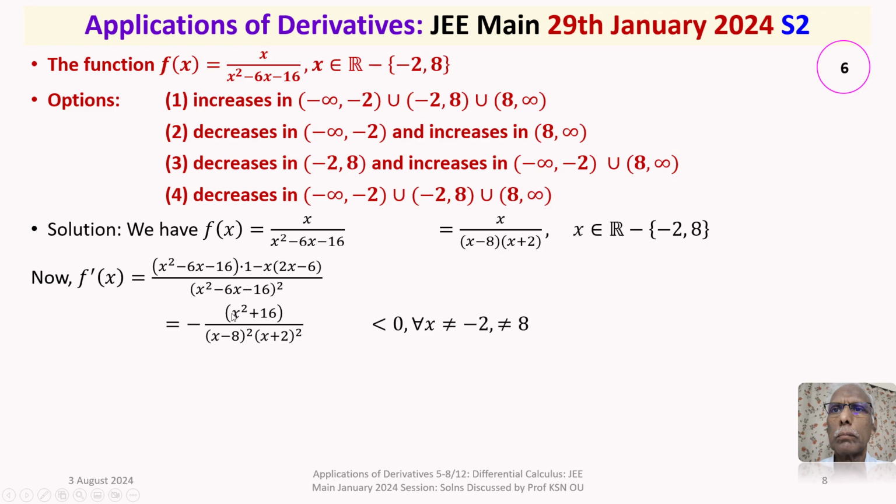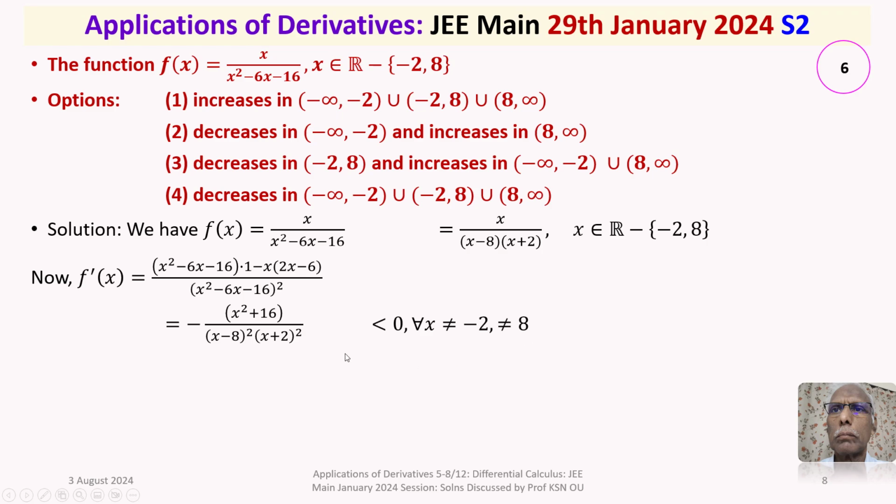And the numerator x square plus 16 is always positive for every x, and x minus 8 whole square is always positive for any x other than 8. X plus 2 whole square is again positive for any x other than minus 2, because they are squares. So positive by positive is positive, so with the minus sign, that is negative. So on the whole it is negative, less than 0, for all x not equal to minus 2 and 8.